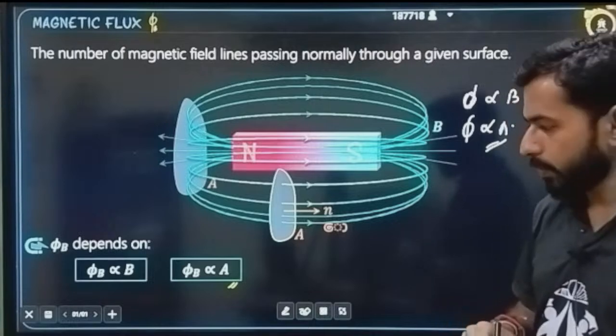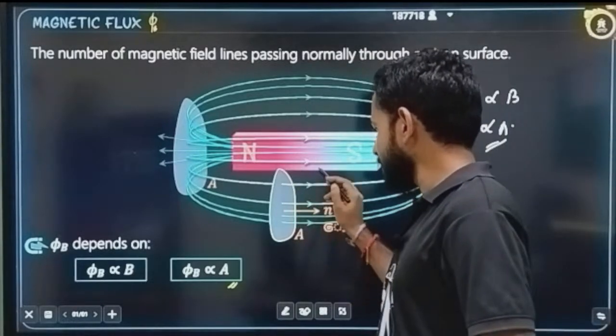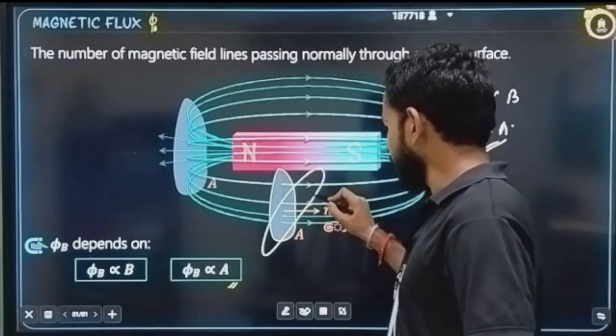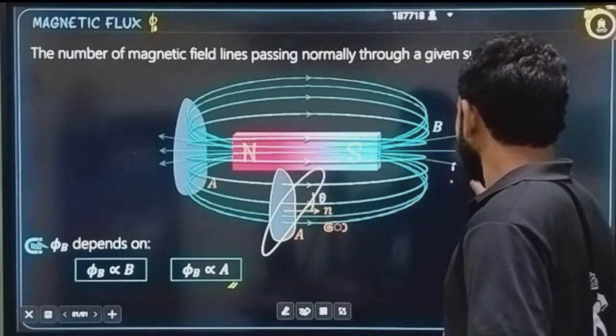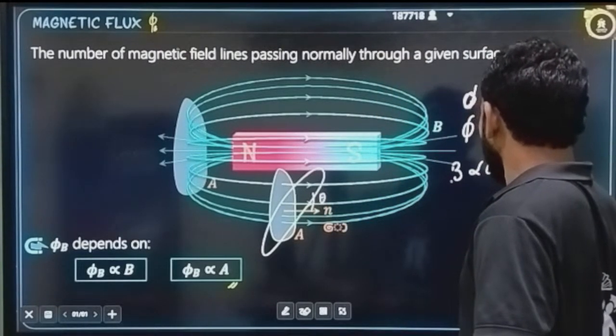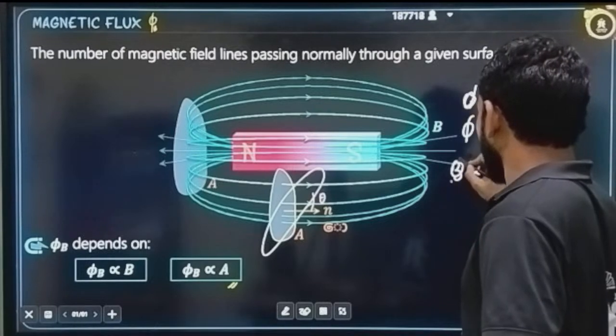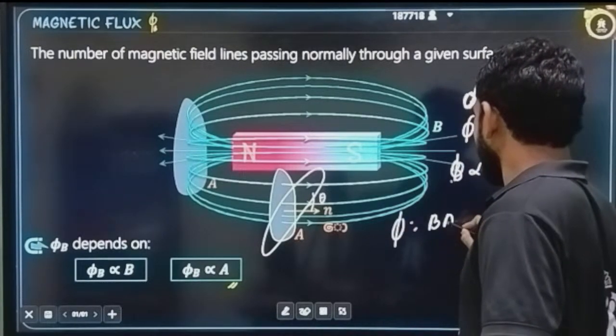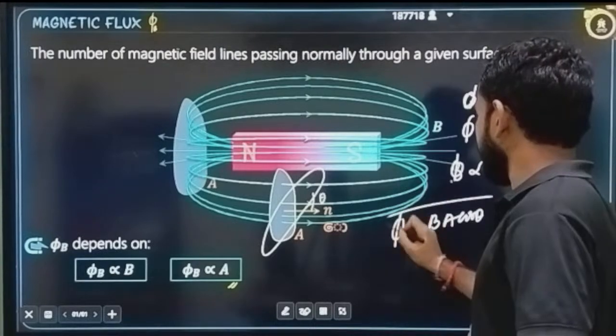When I change this angle, between the area vector and the direction of the magnetic field, flux was also directly proportional to cos of theta. Combining all these three, flux is equal to BA cos theta.